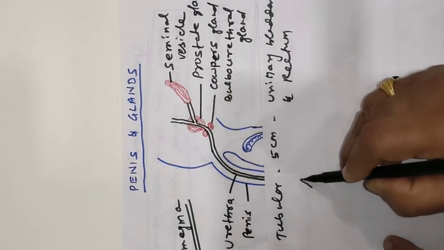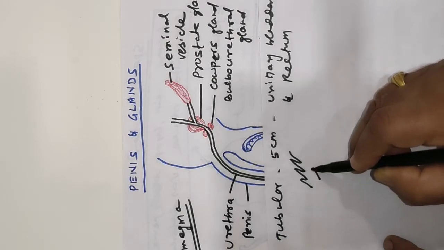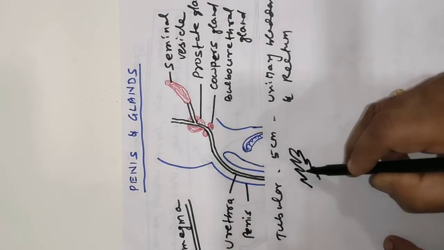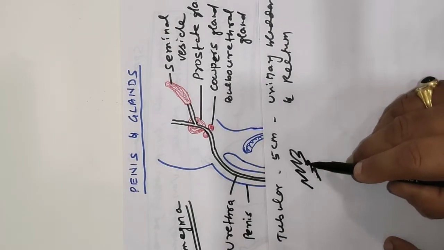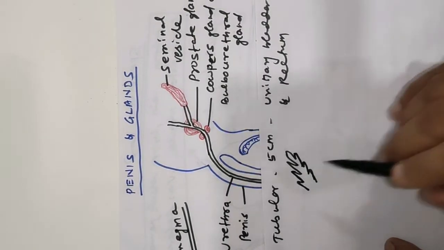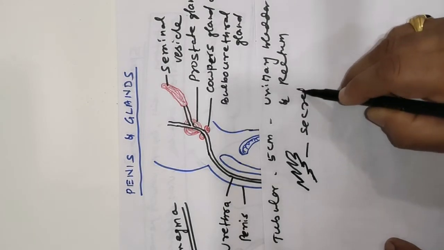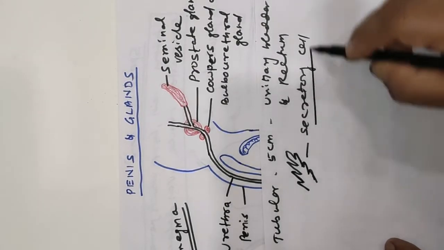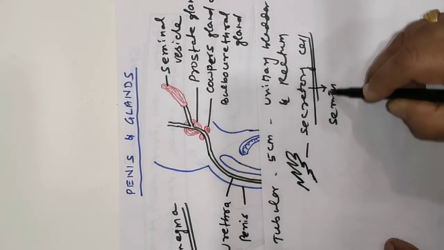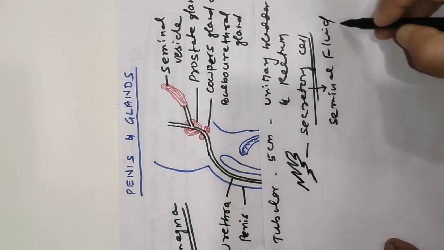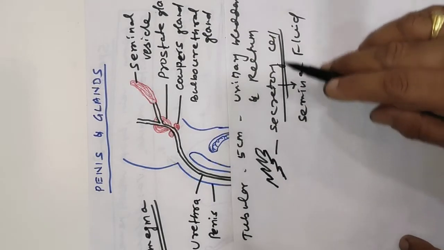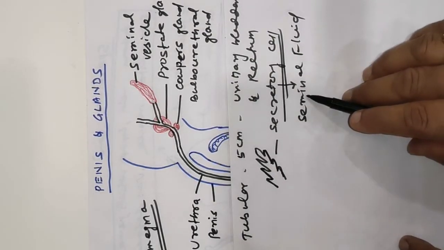The diverticula are lined by epithelium possessing secretory cells that produce seminal fluid.